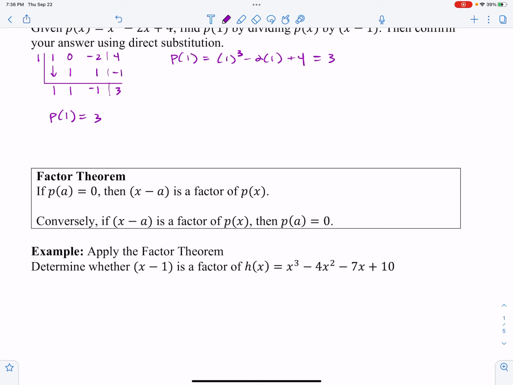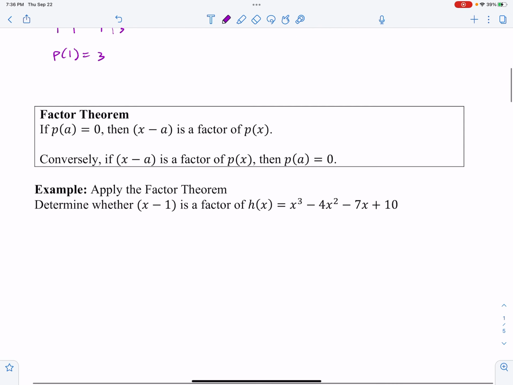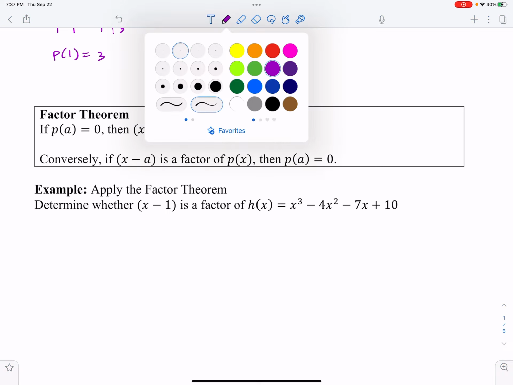So let's give it a try. Let's apply the factor theorem here. So let's determine whether x minus 1 is a factor of h of x. Okay, and we can do that by first thinking about evaluating h of 1. That's our first option.